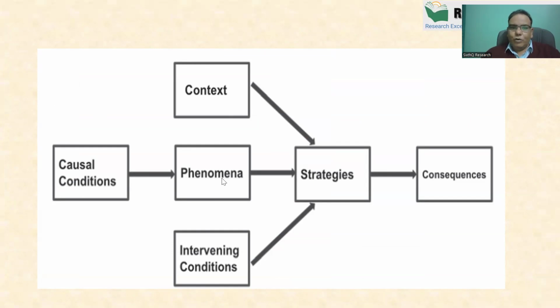They lead to some phenomena. The phenomena lead to the strategy, and the strategy leads to consequences. So it is a four-step approach which starts from the independent variables, then they lead to the phenomena, the phenomena lead to the strategy, and the strategy leads to the consequences. So it is an entire complete model which explains a phenomenon.